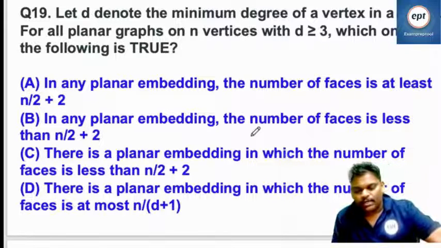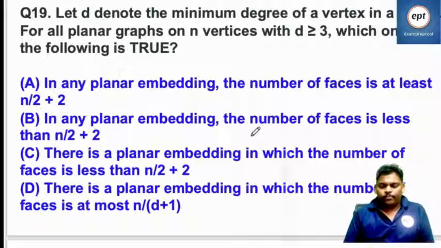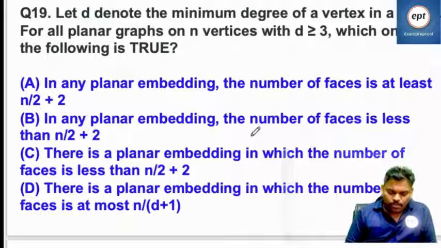Can you try what is the answer for this? First you try. It may also trouble you, please take care.